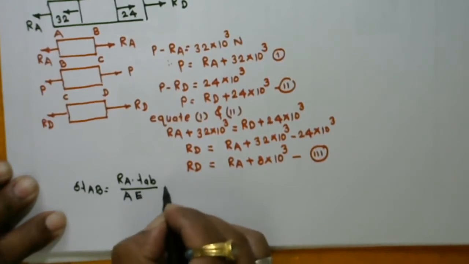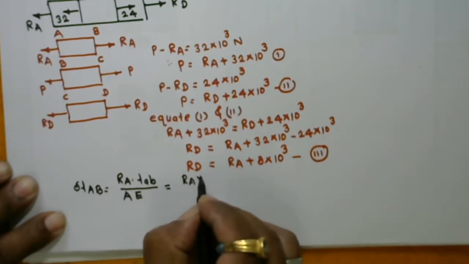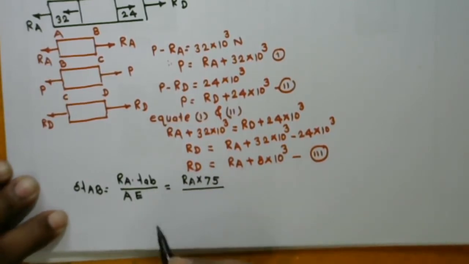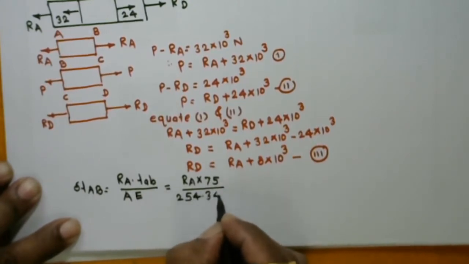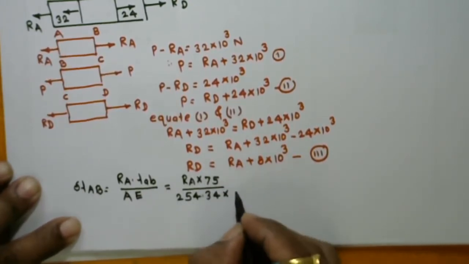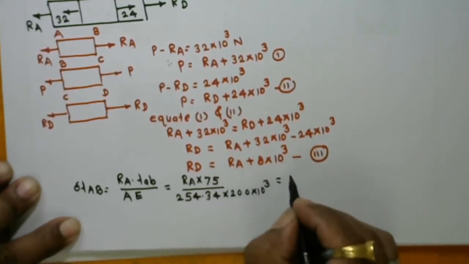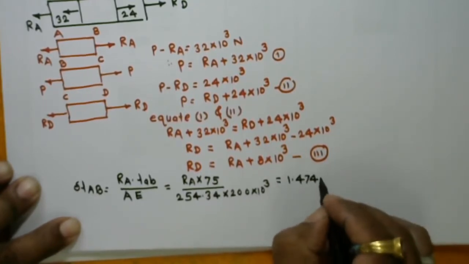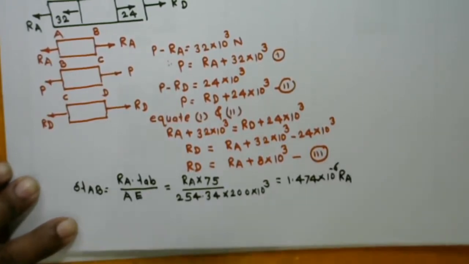RA is unknown, LAB is 75 mm, the distance is given, the cross-sectional area we already calculated, 254.34, and E is given as 200 into 10 raised to 3. So that equation becomes 1.474 into 10 raised to minus 6 RA.